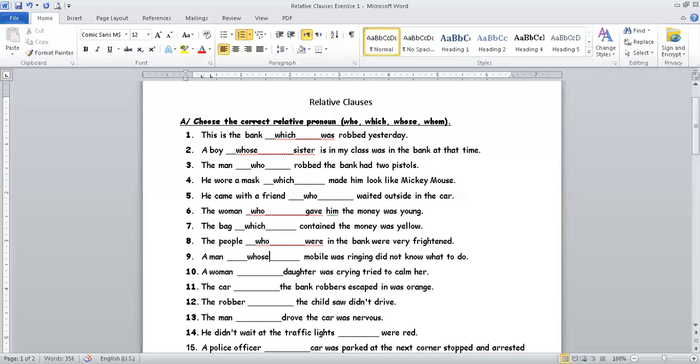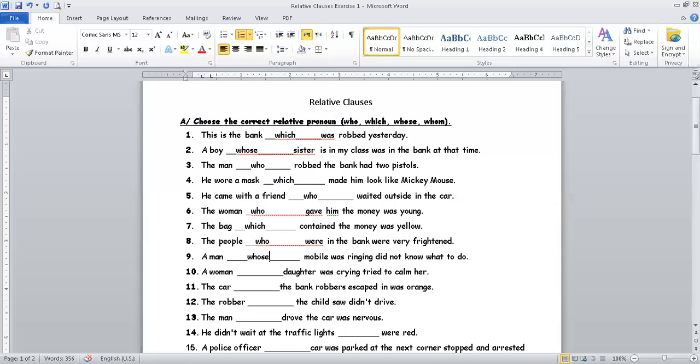Whose is always followed by a noun, and look at mobile, which is after the blank space. Mobile is a noun, and the mobile belongs to the man. So whose is used here. Whose is always necessary. You cannot drop whose.